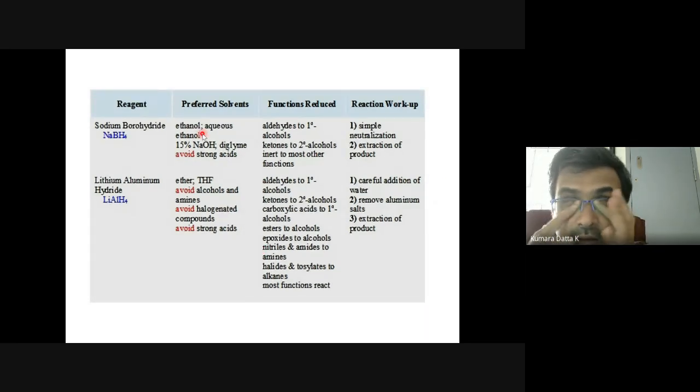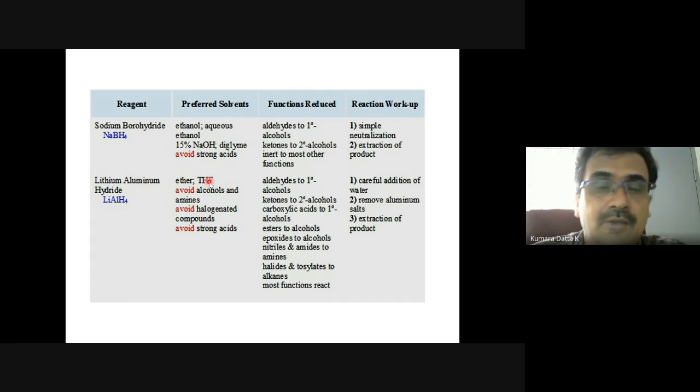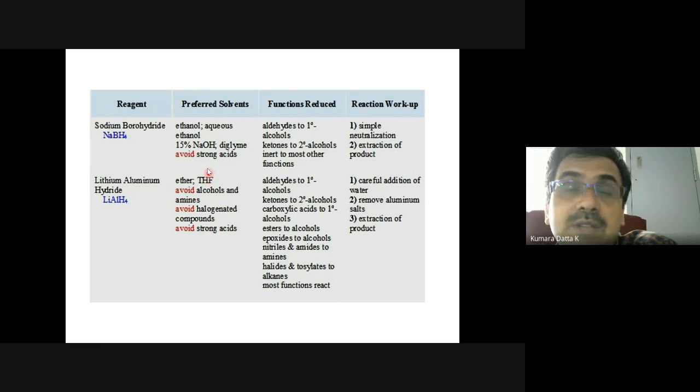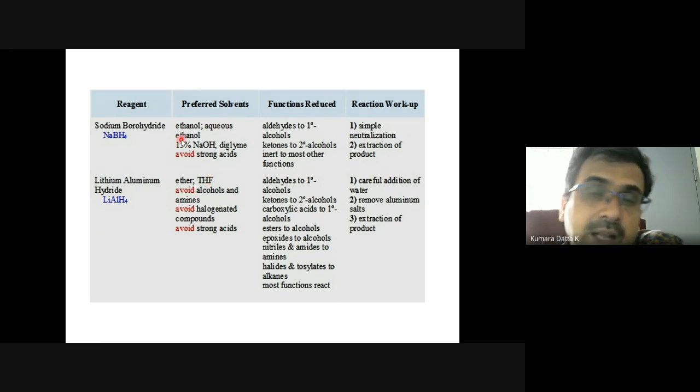Now, these are the two reducing agents we use, sodium borohydride and lithium aluminum hydride. You are all aware by now, in nucleophilic substitution reactions and so on, we use the term ethoxide ion. Ethanol, when you react it with a base, you get the ethoxide ion.